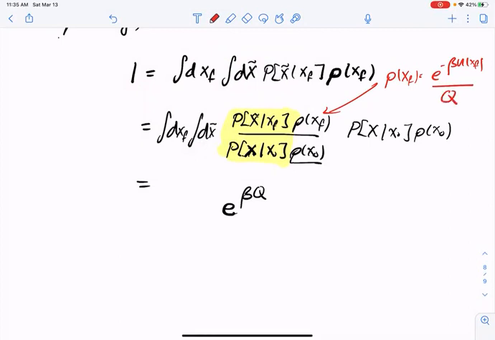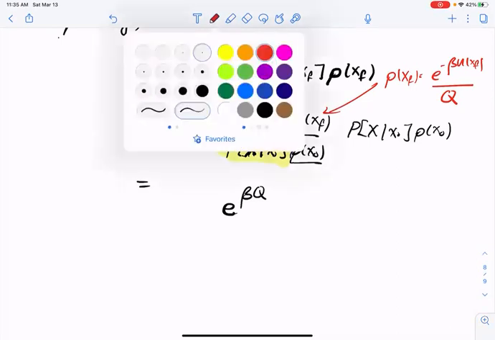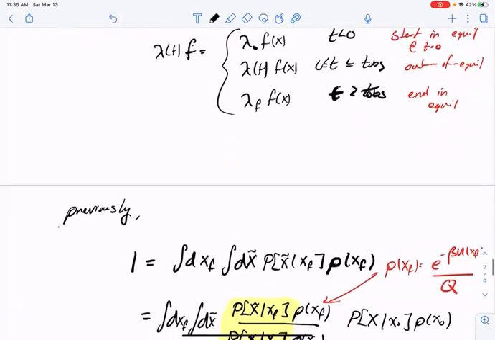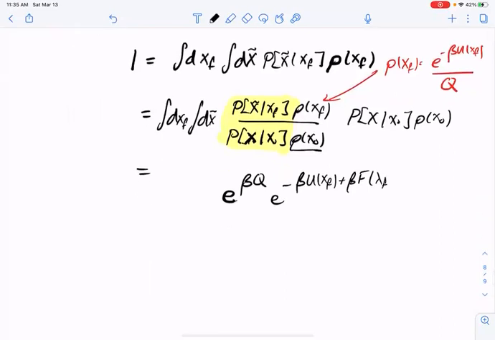I could put that partition function upstairs by adding to it the free energy at lambda, what do I call it, f. If I also end at equilibrium, the same is true there, just with the minus sign.